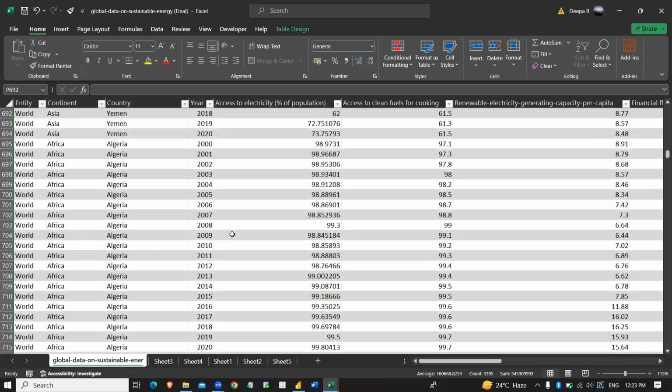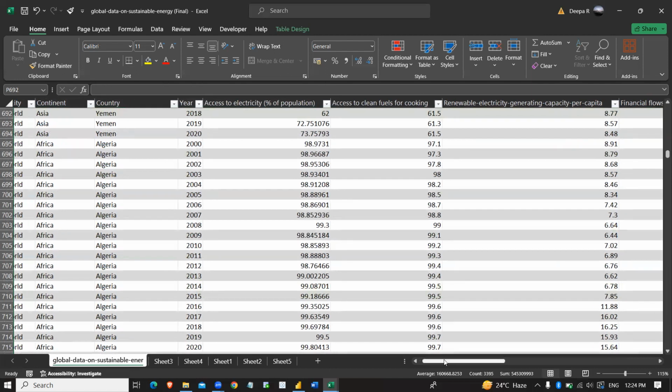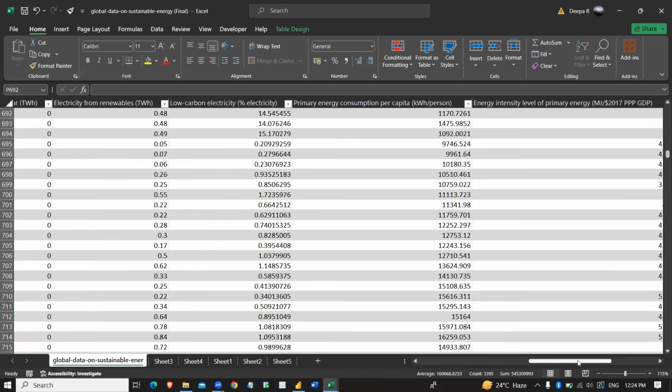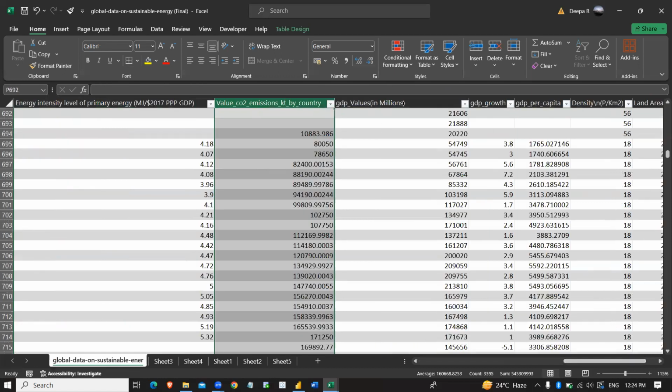Along with the original dataset, I thought of introducing this entity and continent column into my dataset. Apart from that, I have included the GDP values also in this particular table by searching for the values of GDP.